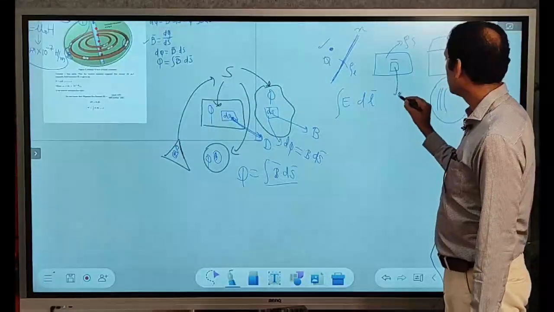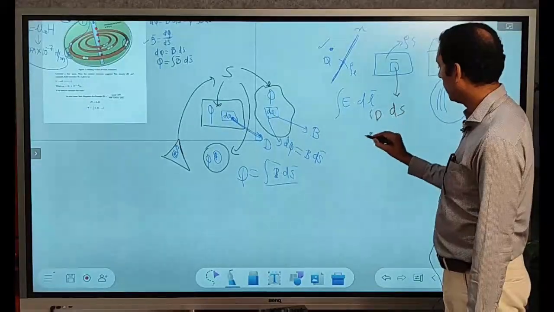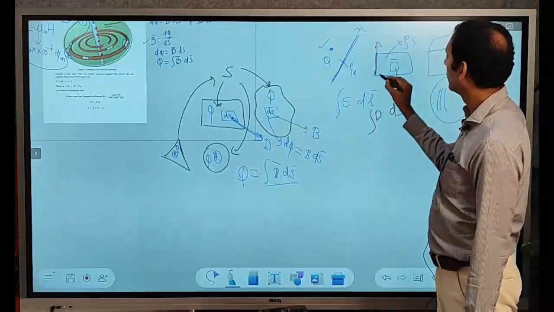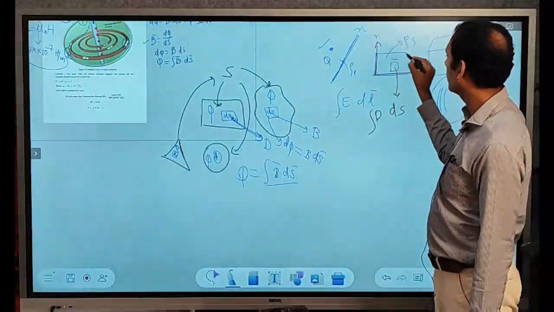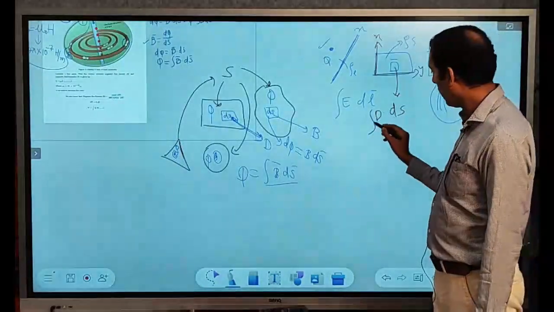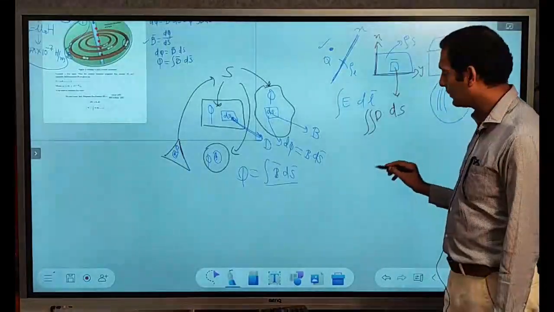if I take a differential surface, say D bar dot dS bar, in Gauss law, how many dimensions will be here? Two dimensional, either x, y or y, z or something else. So how many integrations? It will be a double integration. Double integration means what?